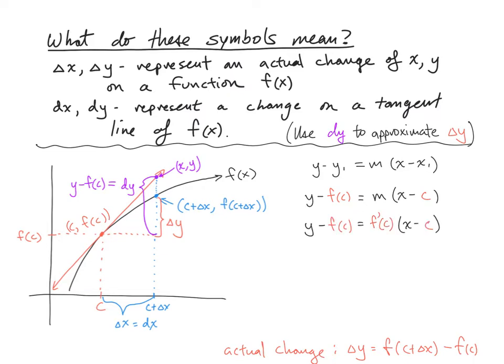Now to make the point that dx and delta x are the same distance, if we go over delta x, that will get us to the point on the curve, but we want to have a point that is directly above, or it could be below depending upon how the tangent line sits.